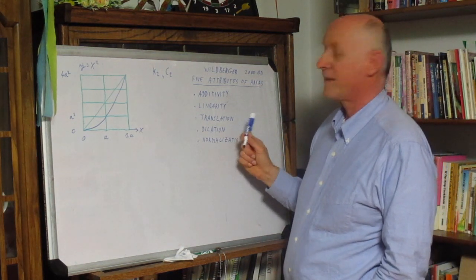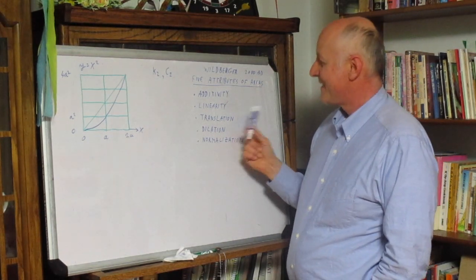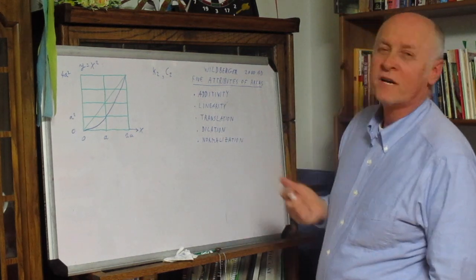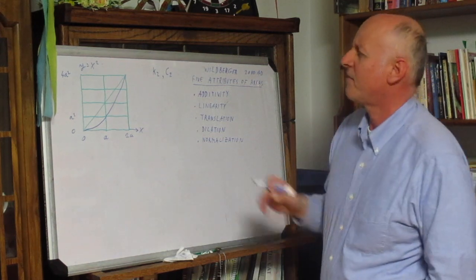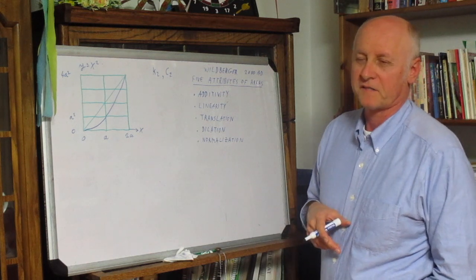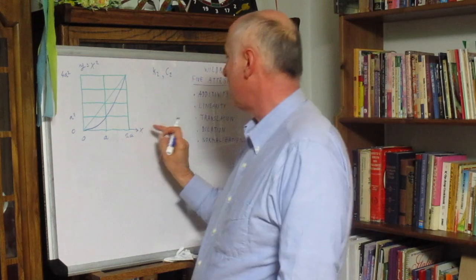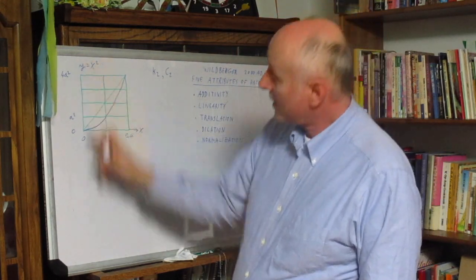Translation. This is a big one. This is key. What is translation? Well, let's look at it. It's like a frame of reference. It's used a lot in physics. So let's put that down. Here's our x frame of reference, and x begins over here.